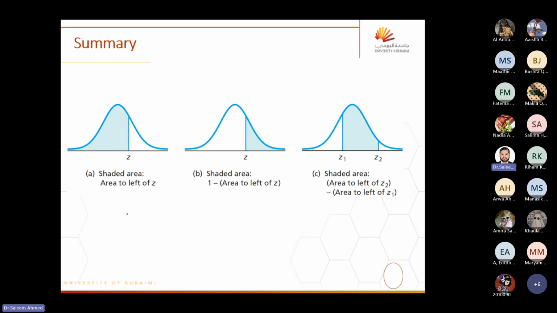When I write A at Z, it automatically means the area to the left of Z. So basically, this also gives you the probability that Z is less than this value Z. Probability and area are the same thing.